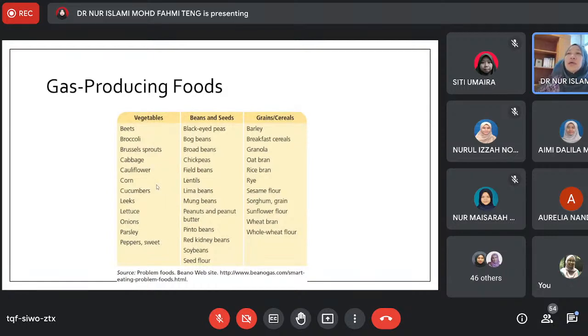So that's why ada orang dia cukup bakteria tu, ada yang tak cukup kan, dia terlebih. Sebab tu dia berbeza-beza. Ada orang bila dia makan brokoli dia rasa okey je, dia tak ada banyak gas, tapi ada setengah orang akan produce a lot of gas. Okay.